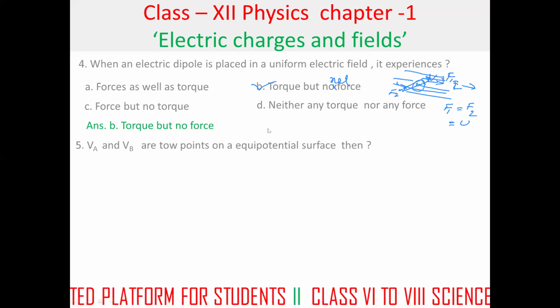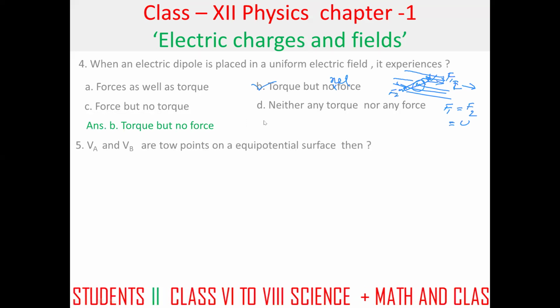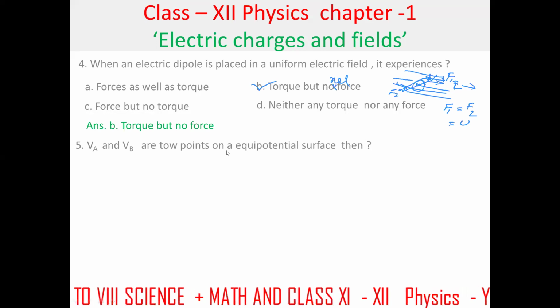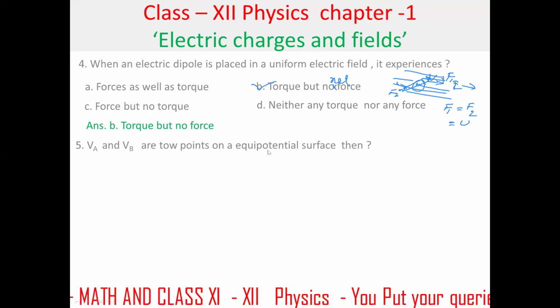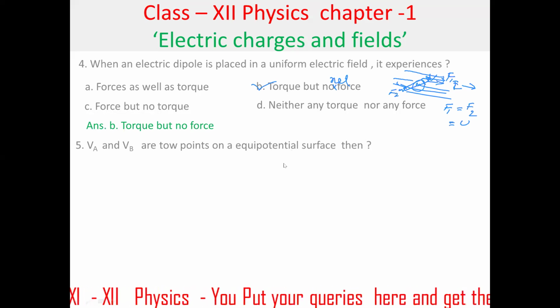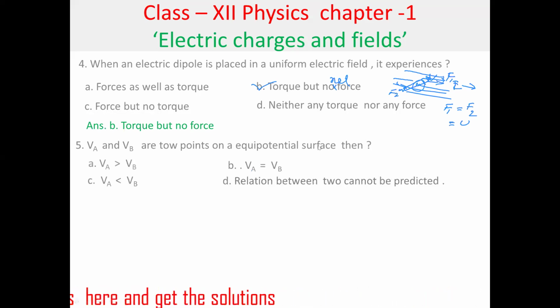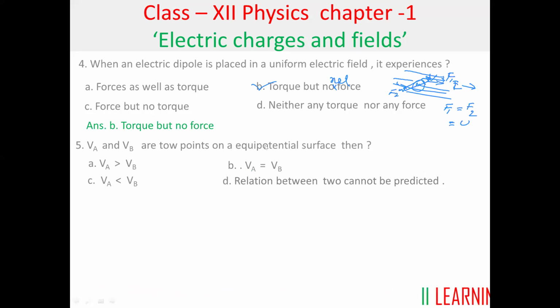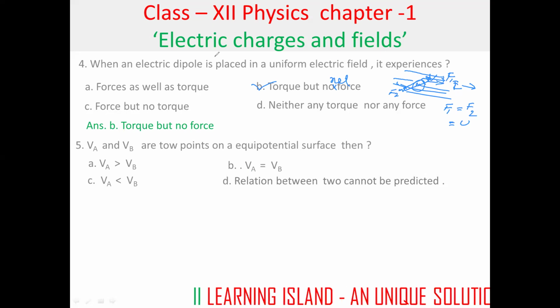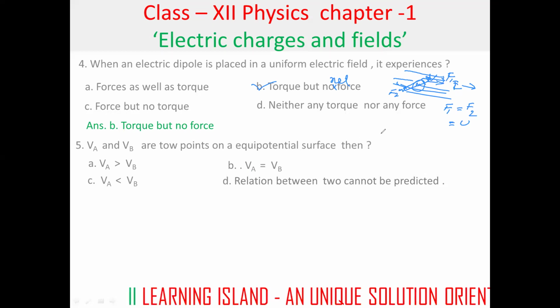The question number 5. VA and VB are 2 points on an equipotential surface. Then options are like this. First of all, you have to understand what an equipotential surface is. Suppose this is a surface, okay?